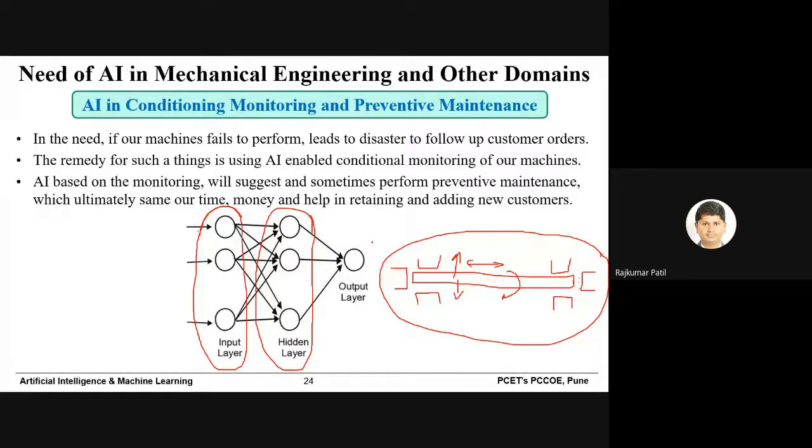Based on the analysis, for example if the XYZ sensor has failed or is not performing at desired capacity, that will be detected, and automatically a message will be received at the user end, and accordingly maintenance can be carried out.